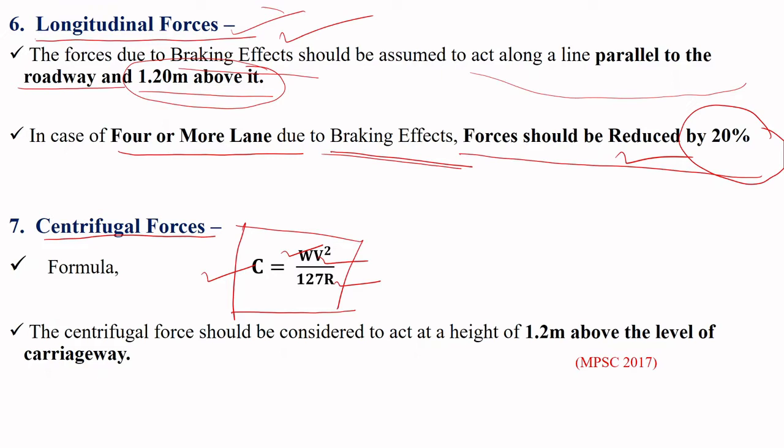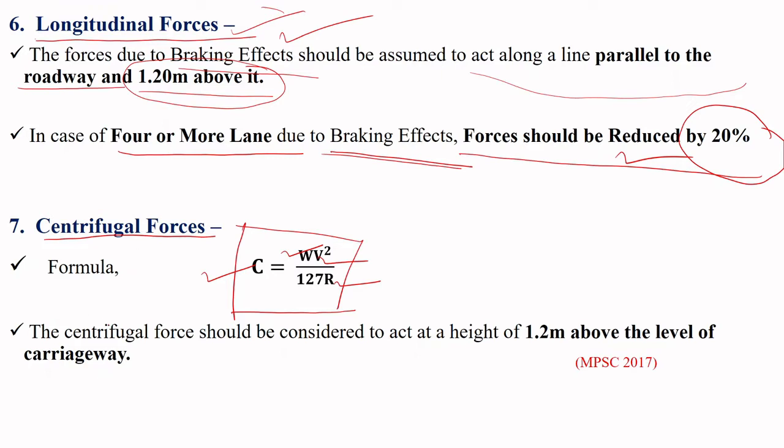You don't need to do analytical problems regarding this formula. You just have to remember this formula, because in exams like MPSC they will directly ask you the formula. They won't generally ask the analytical questions that appear in GATE or the UPSC engineering services. You just have to remember C equal to WV square divided by 127 R. That is our main concern.